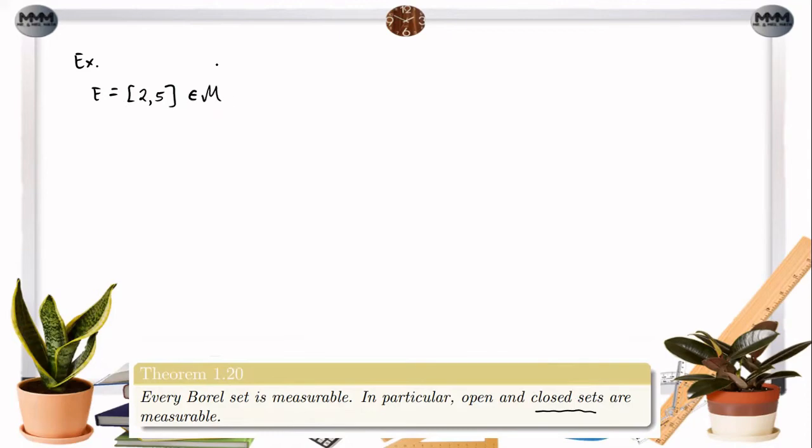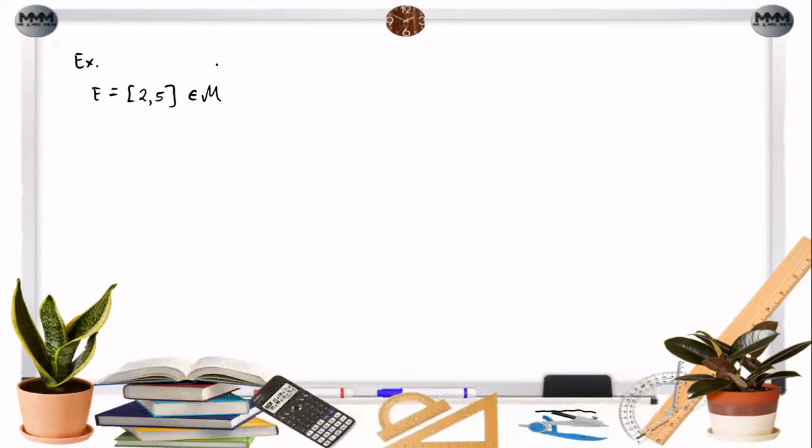Since we have shown that already, we can say that the Lebesgue measure of E is equal to the Lebesgue outer measure of E. Hence, we can write it as m of the closed interval is equal to m star of the closed interval.